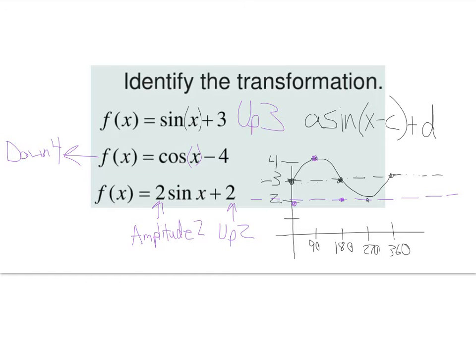And then at 270, where is it going to be? It's going to go down to 2 again, because our amplitude is 2. So it still looks like a sine curve. It still looks the same. It's just stretched vertically now. We've stretched it out vertically by making our amplitude 2.